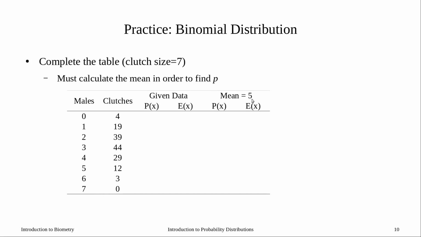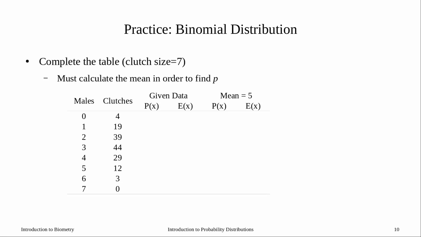We're going to use that assumption to calculate our probabilities and to generate our expected numbers. So I think what's easier is to go ahead and work with this one first, do the probabilities, and calculate expected numbers. I want you to be able to do this by hand and in the calculator. So pause the video, work on this.